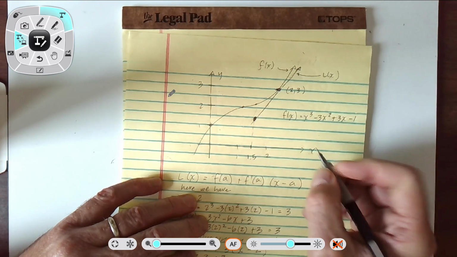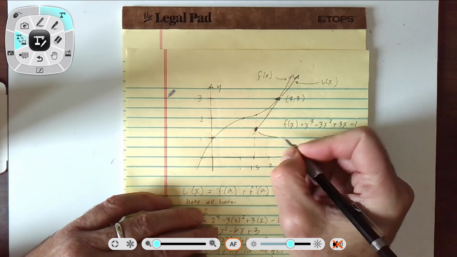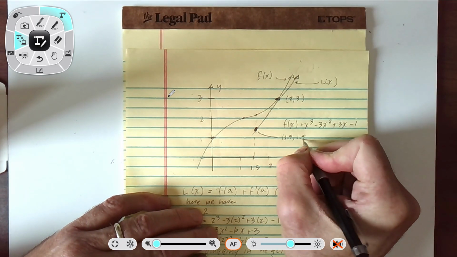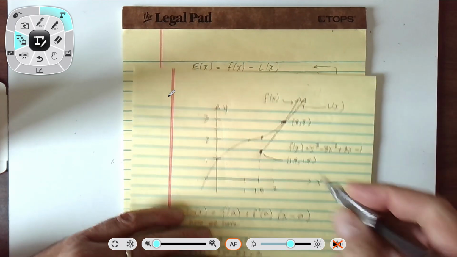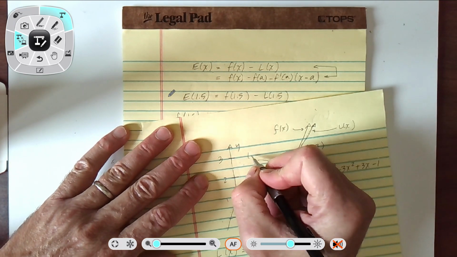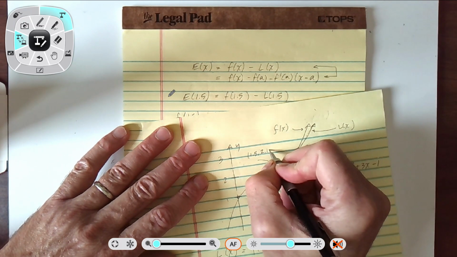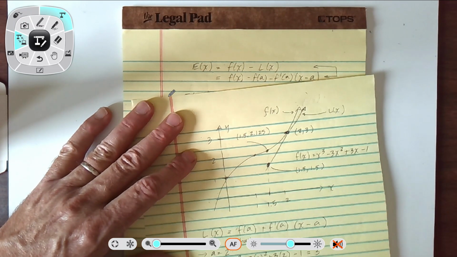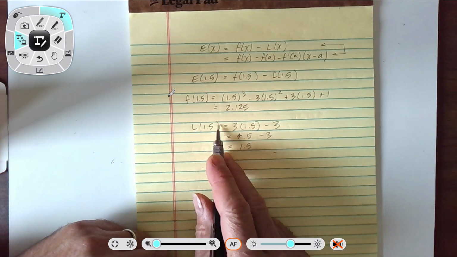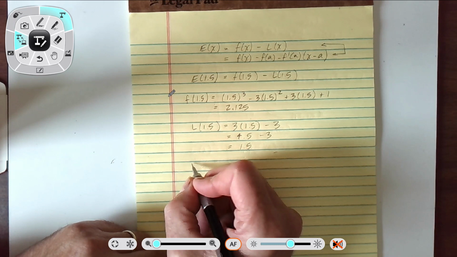So I'm drawing in a fat dot here, right? I know that this point right here is 1.5, comma 1.5, and I know that this point right here is 1.5, comma 2.125. Okay, and so now we know these two function values, and so we can just plug in here to find what the error at 1.5 is.